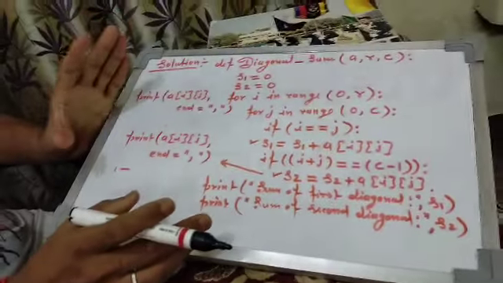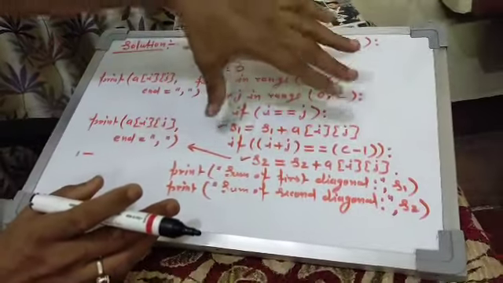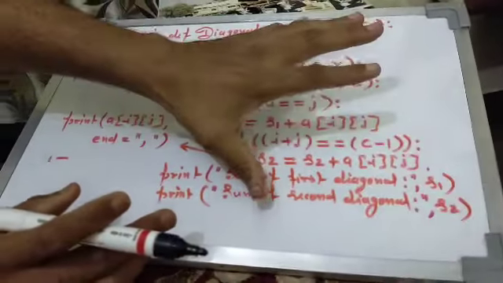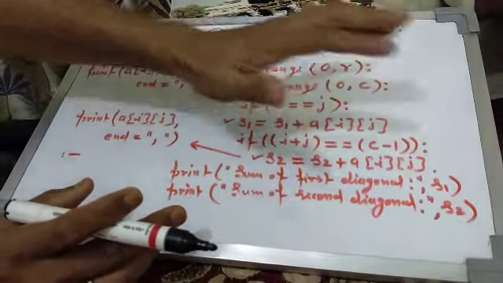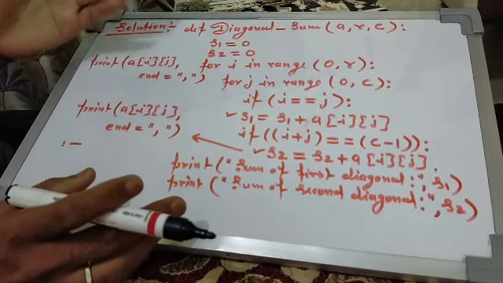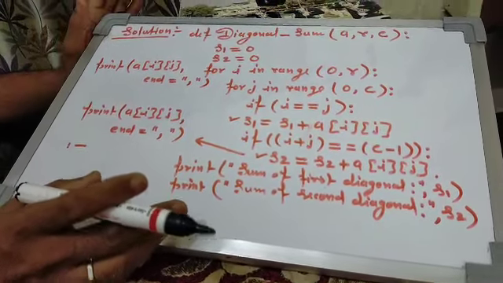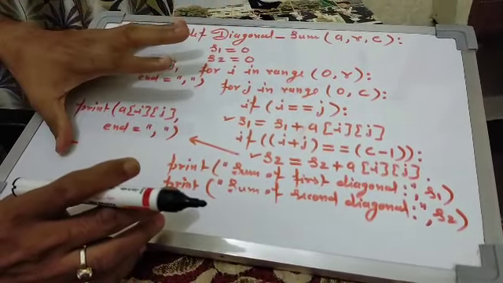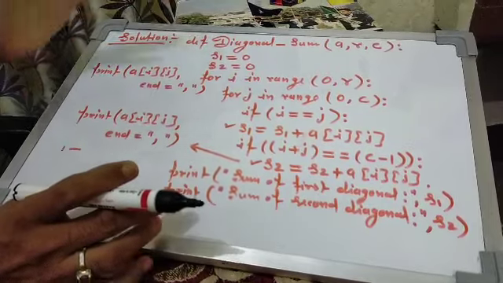You do not need to print the values of the sum, because I have already printed the values of the diagonal sum in the function. So I think you have properly understood how we can perform this process.